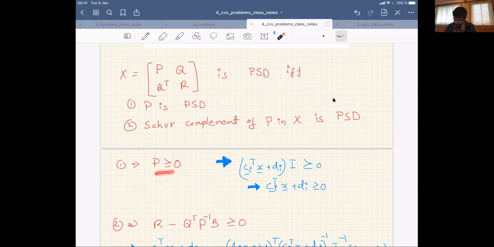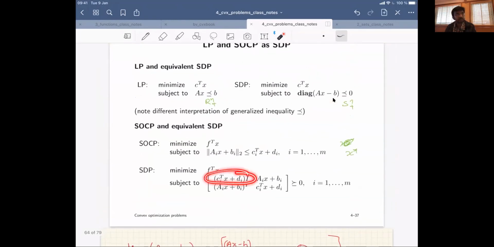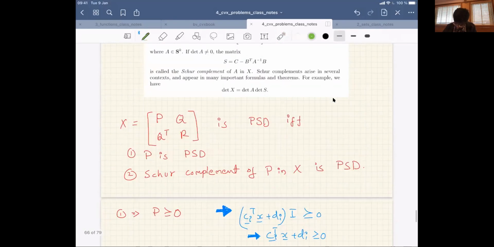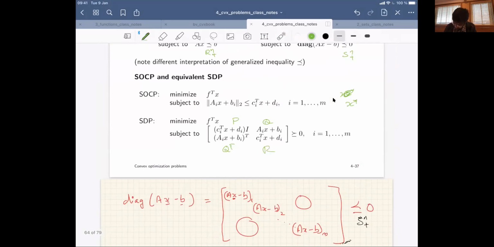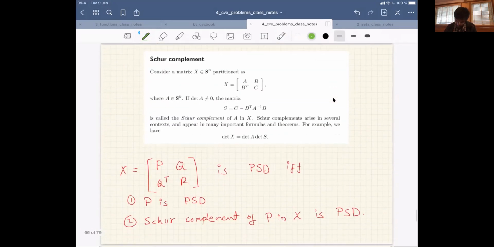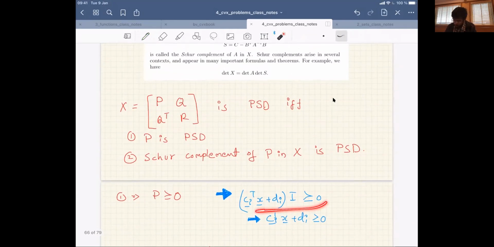So what is our P here? This is P, this is Q, Q transpose, R. So what I'm saying is this P is greater than or equal to 0.